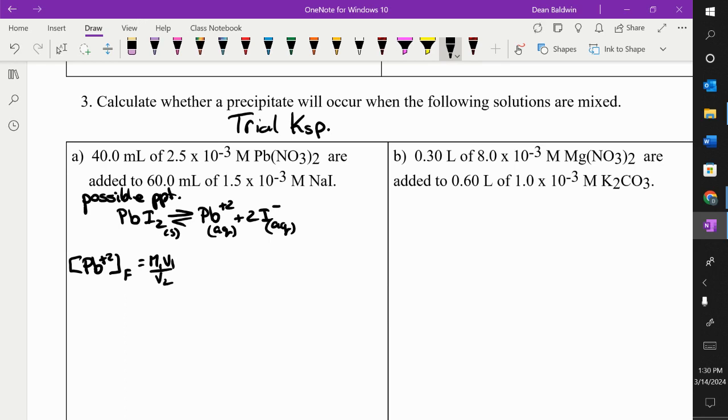I use ones and twos instead of initials and finals, but it means the same thing. What's the initial concentration of the lead ion? Should be that, right? Because there's only one lead ion in this molecule. Does that make sense to everybody? So it's going to be 2.5 times 10 to the minus 3. The initial volume is 40 mils. The final volume is what? 100, because we're adding it to 60 mils.